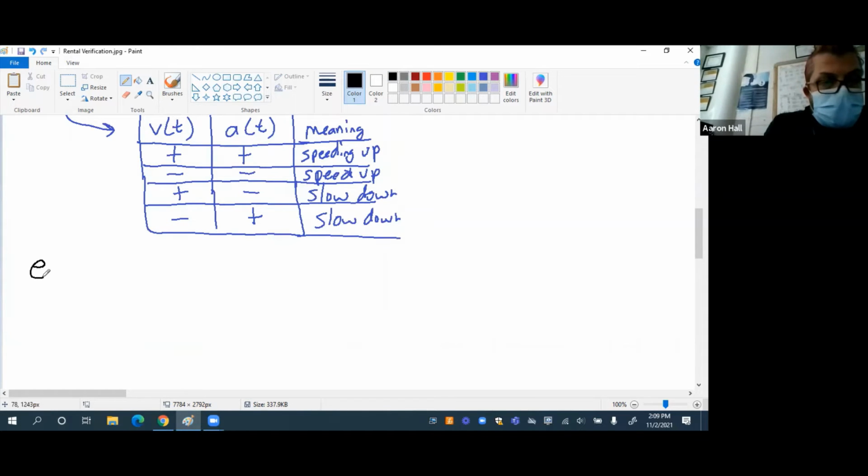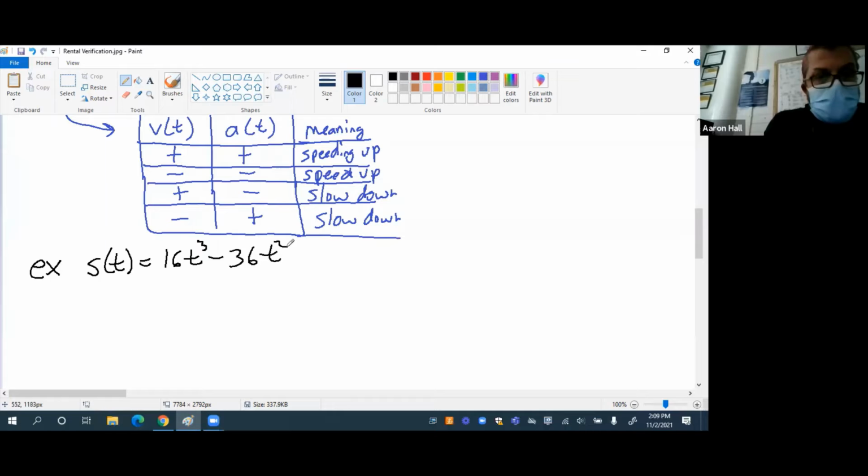All right, here's my example. S of t equals 16t cubed minus 36t squared plus 24, where t is seconds and S of t is feet.